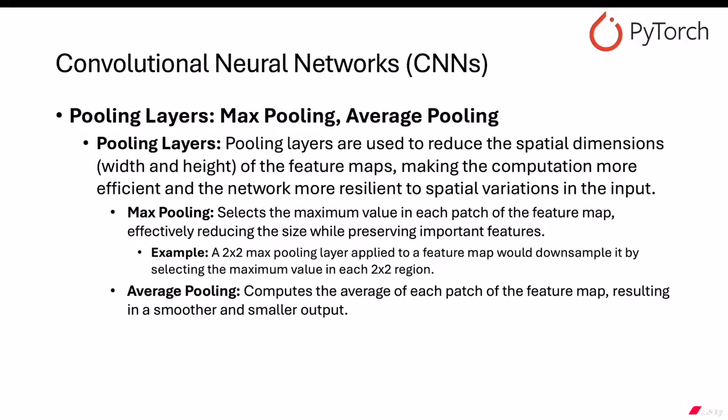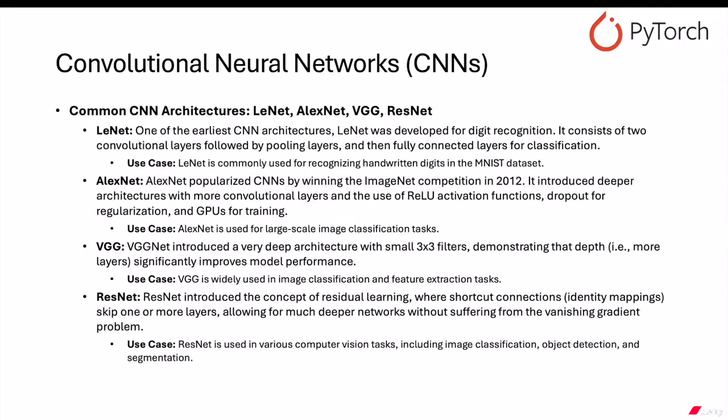Average pooling computes the average of each patch of the feature map, resulting in a smoother and smaller output. Convolutional neural network architectures. Some of the common ones are LeNet, AlexNet, VGG, and ResNet. Let's go over LeNet.